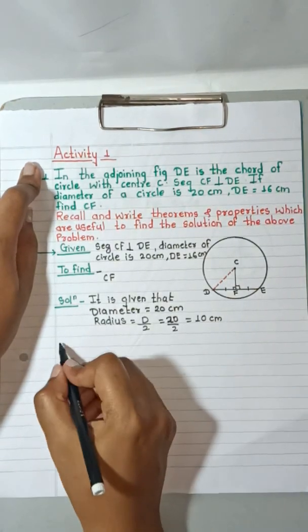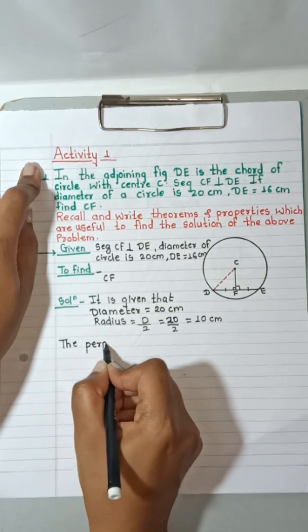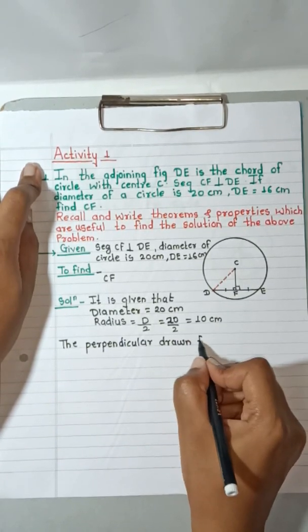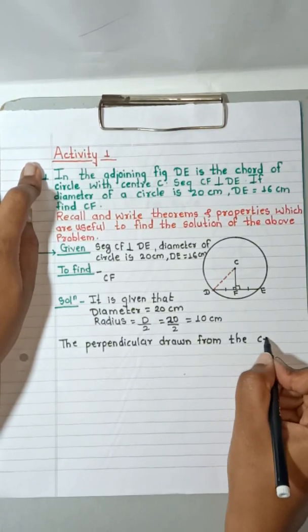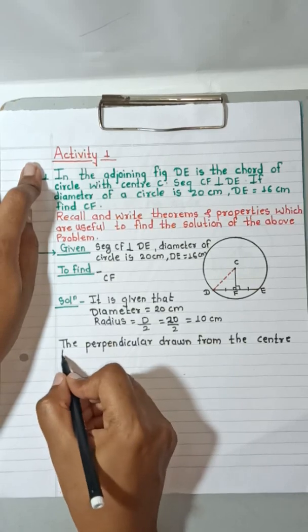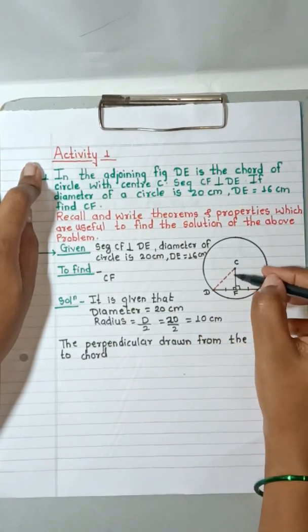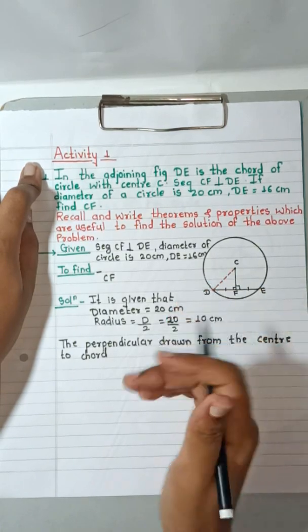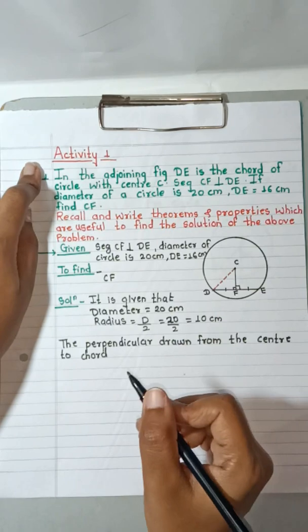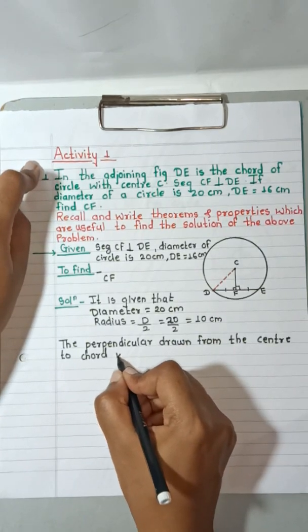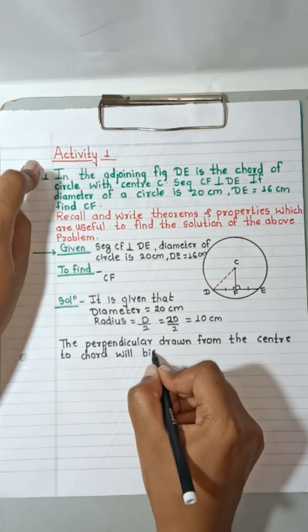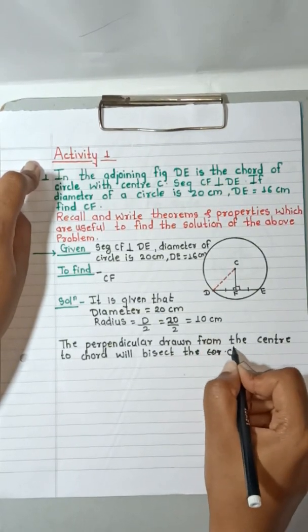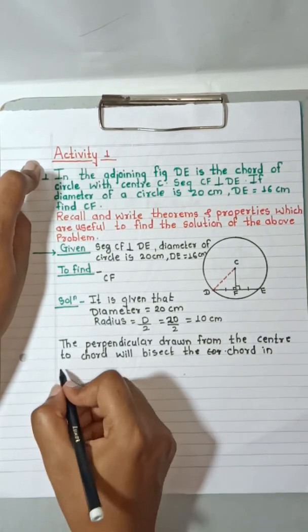So in the same way, I will write down here the perpendicular drawn from the center to the chord D, you can see here, bisects the chord in equal parts.